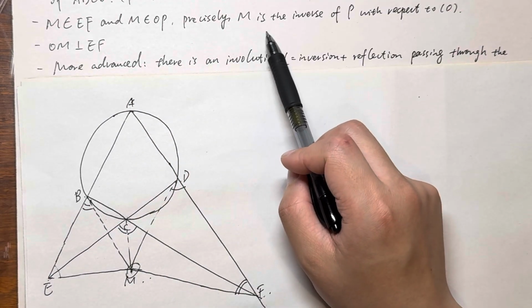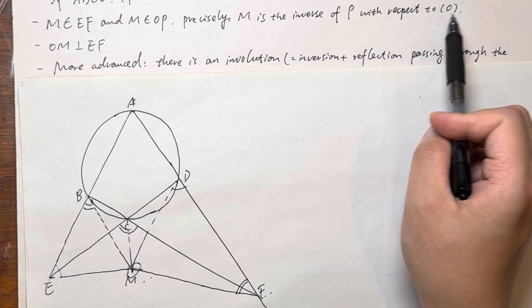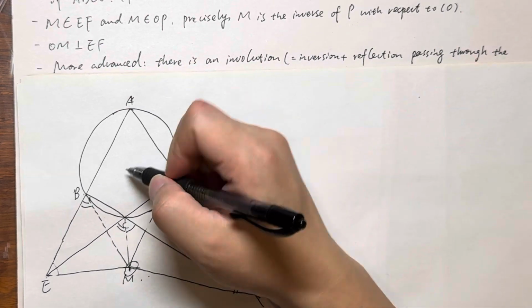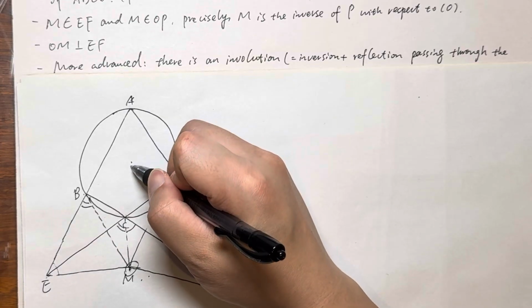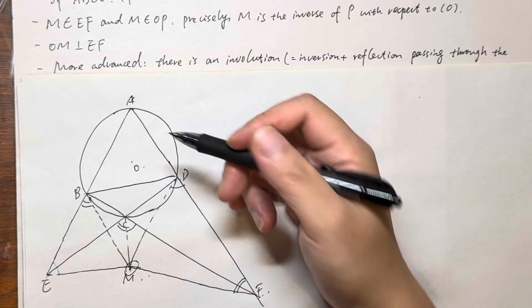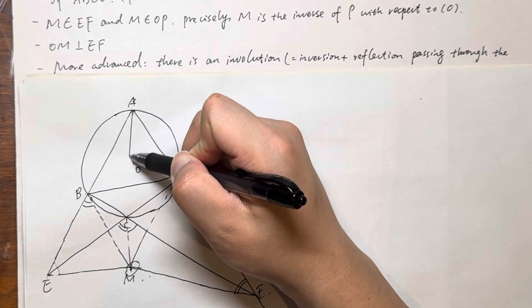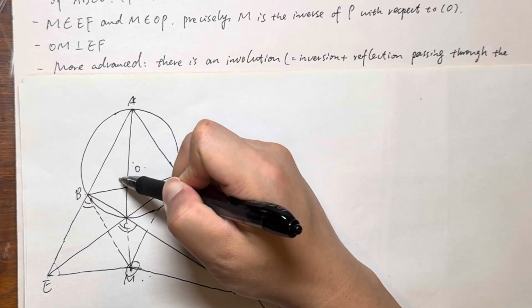Precisely, M is the inverse of P with respect to O, which means we want to prove that the point P is the diagonal intersection point, right?